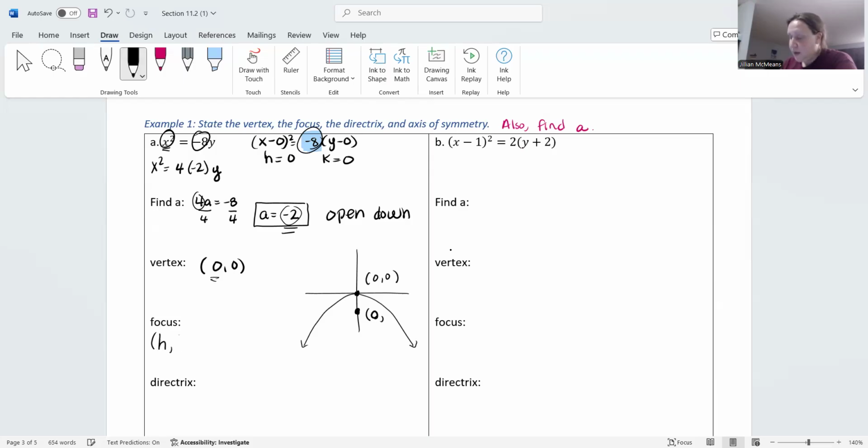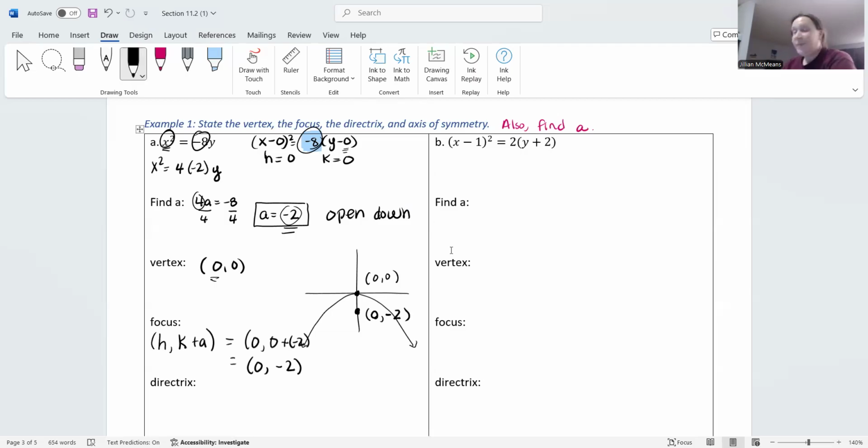Then we take the k value, which is whatever's subtracted from y, and we add a. So h is 0, k was 0, and then we add a, so we go plus -2. Simplifying, 0 is just 0, and 0 plus -2 is just -2. So my focus is the point (0, -2).